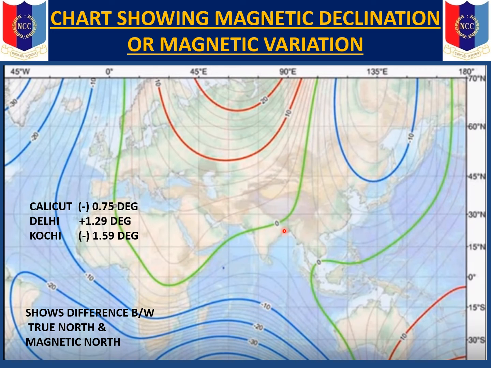What it means is that from this point, if the place is at Delhi, for example, the competition is held somewhere in Delhi or in and around Delhi, so it will be positive error. And if you go down towards south, say in Kochi or in Calicut where your IGC happens, so the variation there is negative.